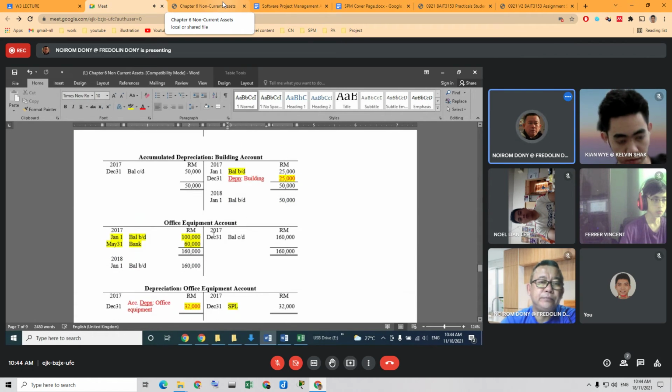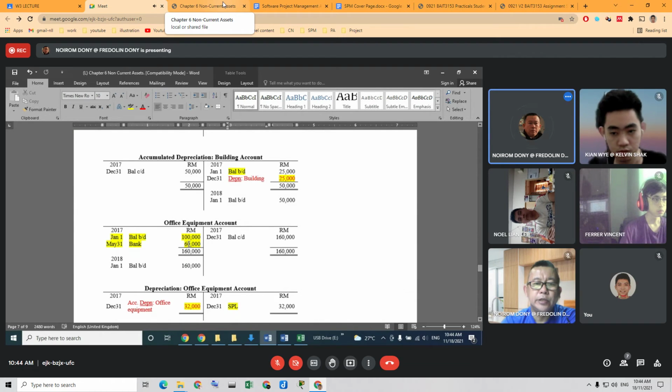Now, no more transaction, so we put a single line on the top and the bottom line a double line, and it must be in the same row on the credit side. So same thing, single line on the top and double line underneath.